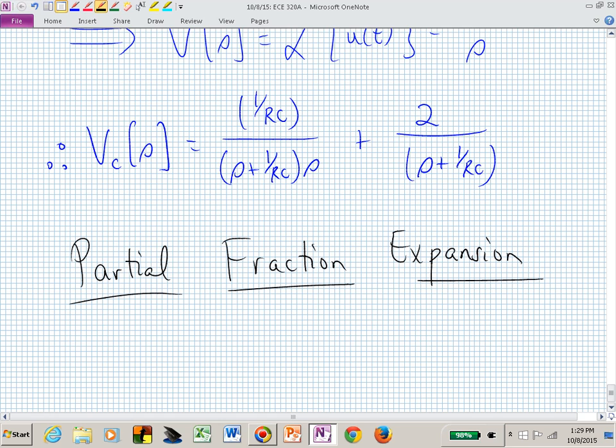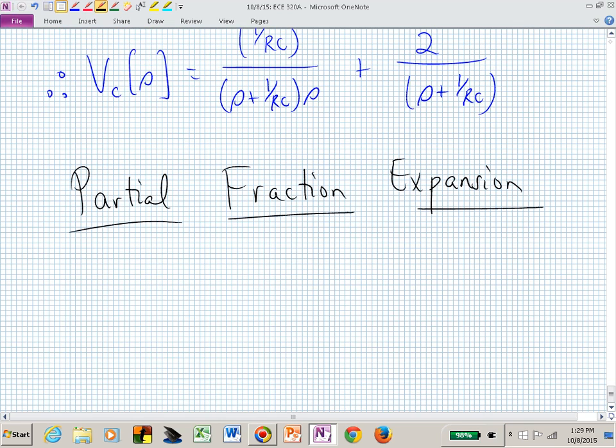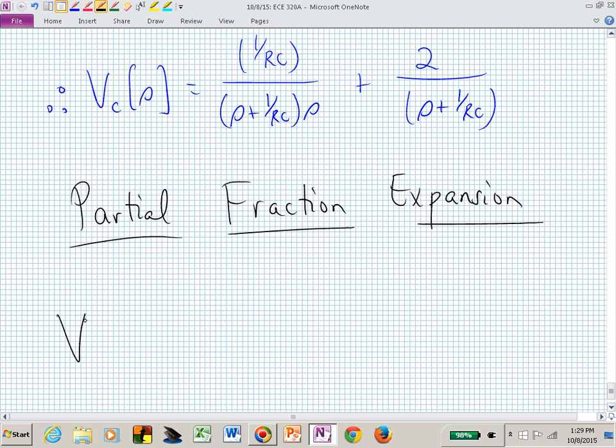What does that look like? If this is now capital V sub c of s, what's the partial fraction expansion look like? How many terms are you going to see on the right-hand side? 2, or if we keep the rightmost term by itself, we'll have a third term, won't we? So let's break that first term on the right into 2 pieces and keep the other one by itself.